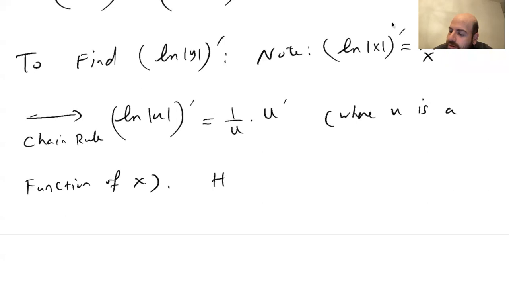Here, I think our u is y, which is a function of x.